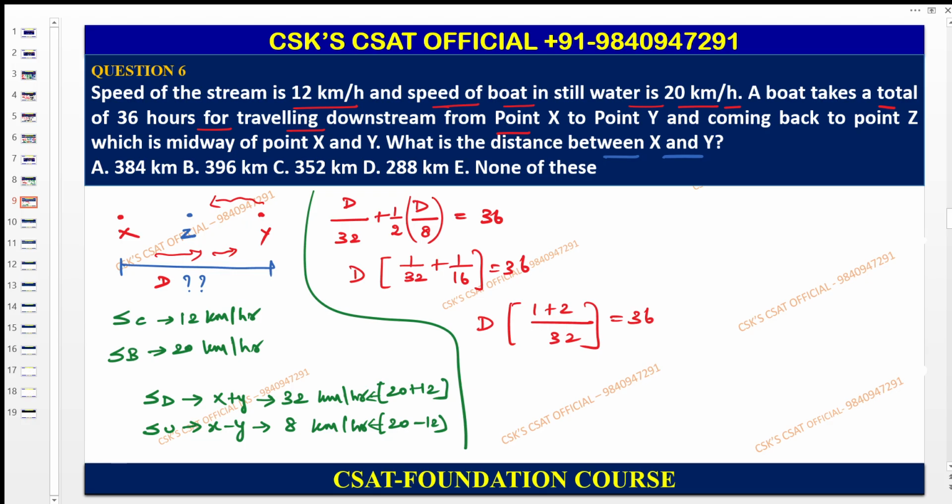X minus y is nothing but 8. So we can take d as common, then 1 by 32 plus 1 by 16, which is equal to 36.